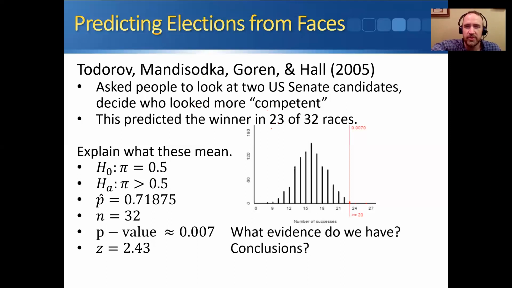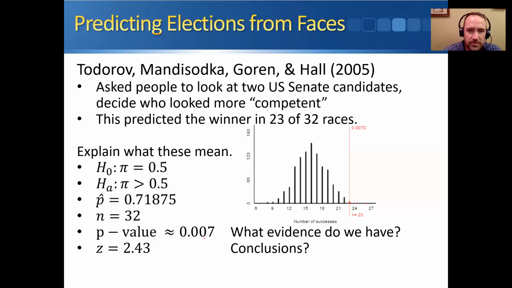So 23 divided by 32 would give us 0.71875. N is 32. There were 32 observations, 32 races that they looked at to see if the competent person won the race. The p-value is very small, 0.007, so a little bit less than 1%. What does that p-value mean?